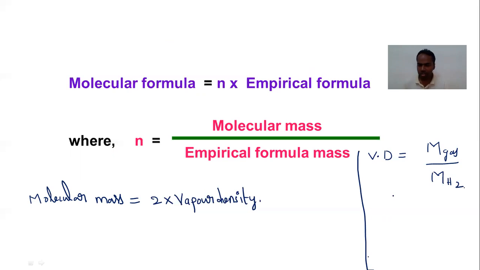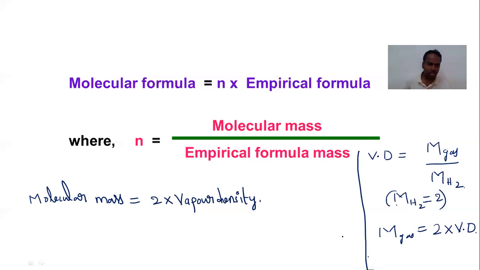You know the molecular mass of hydrogen. What is the molecular mass of hydrogen? 2. If you substitute this 2 for the molecular mass of hydrogen here, then you get the molecular mass of gas is equal to 2 into vapor density.